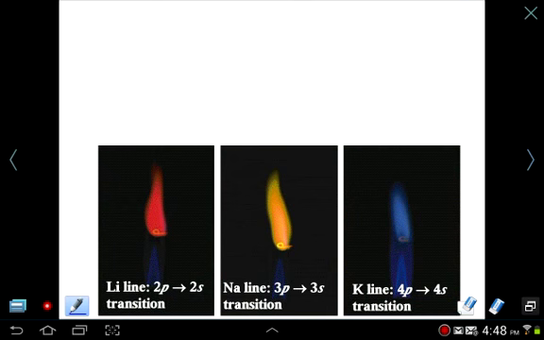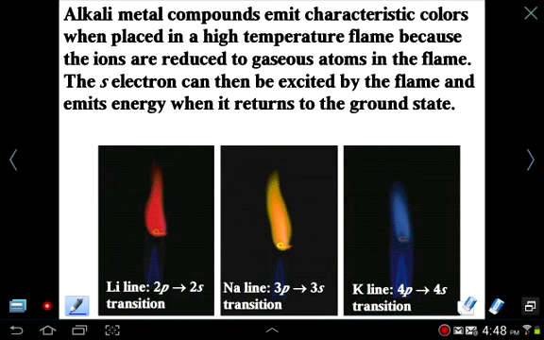In fact, what you could do is you can get the alkaline metal compounds to give their colors if you burn them. What will happen then is the flame will reduce the ion, meaning it will allow the ion to receive some electrons back, and as it gets reduced, those electrons that go back to its original shell can now express themselves and give a color.